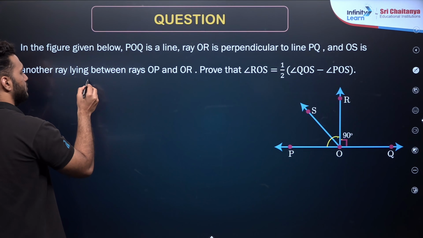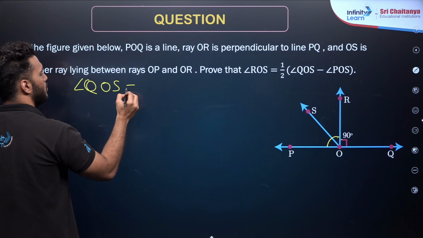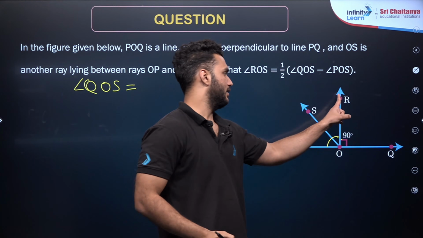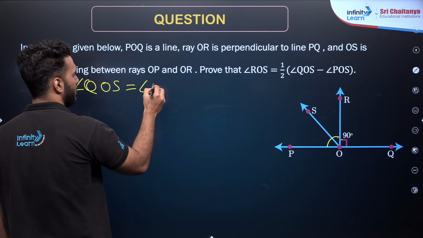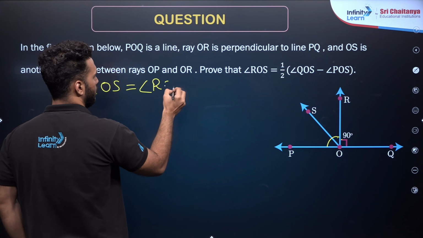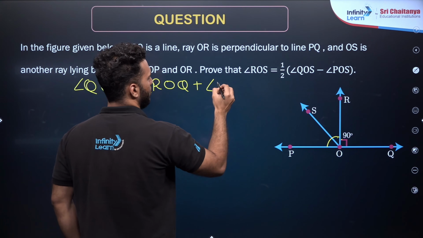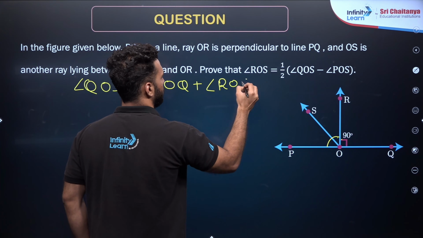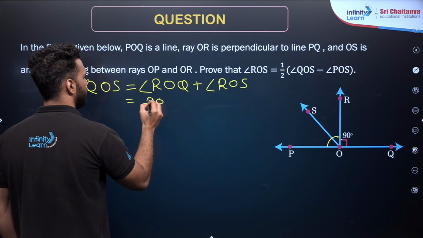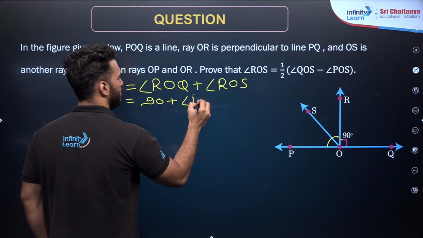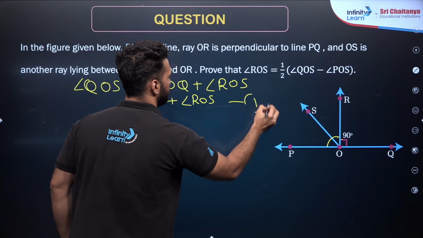Can I write that angle QOS is nothing but this angle ROQ plus angle ROS? And the value of QOS is nothing but 90 plus angle ROS. This is your equation 1.